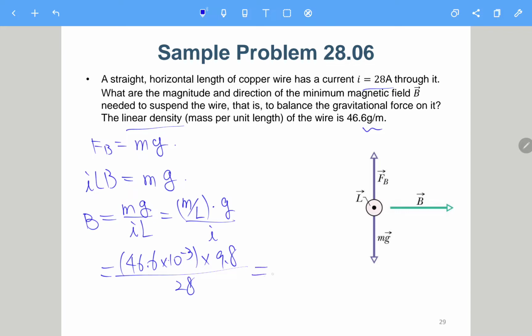So this number is 1.6 times 10 to the minus second power Tesla. As I mentioned before, the electromagnetic force is much stronger than the gravitational force, so we only need this small B field to balance the gravitational force.